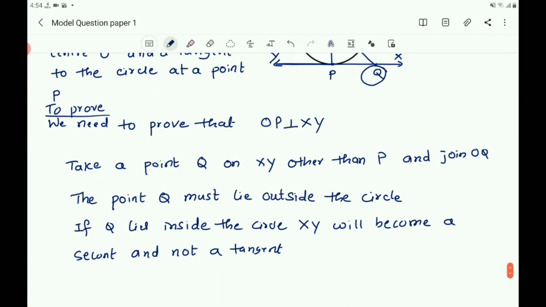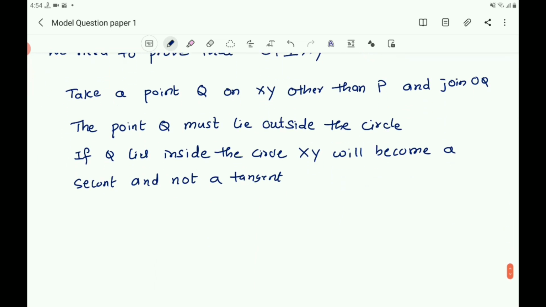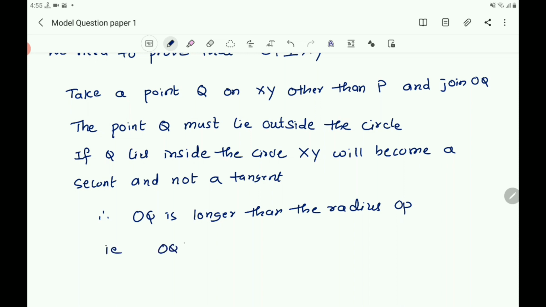As it lies outside the circle, OQ must be longer than OP. So you write, therefore OQ is longer than the radius OP. That is, OQ is greater than OP.